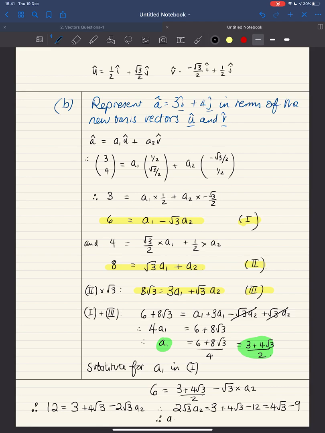So therefore a2 is 4 root 3 minus 9 divided by 2 root 3. Multiply everything by root 3: 12 minus 9 root 3 over 2 times 3, which is 6. Your calculator would actually do all this for you. Then divide top and bottom by 3. So it's 4 minus 3 root 3 over 2. That's a bit squashed at the bottom there. But anyway, we've got a2 equal to this.